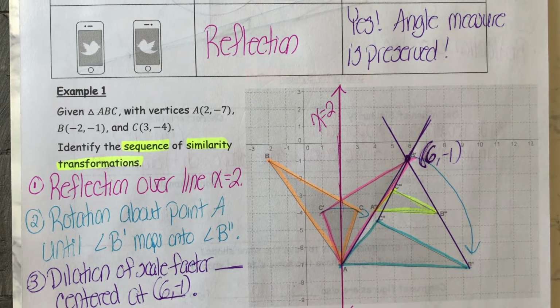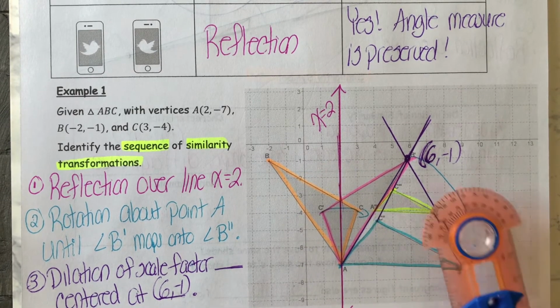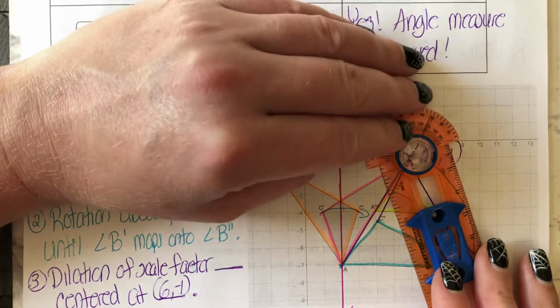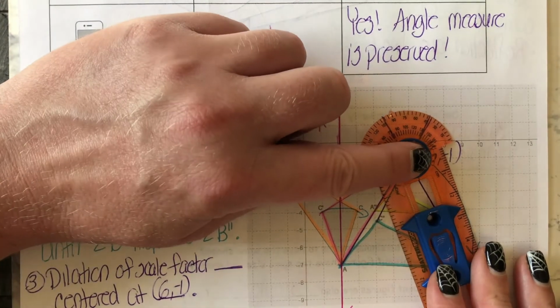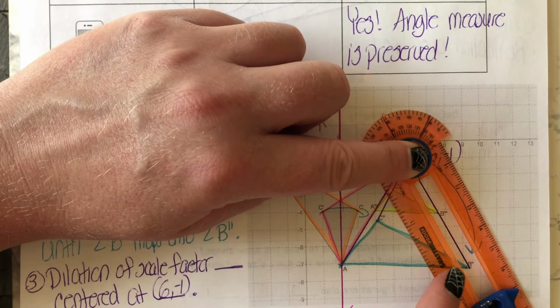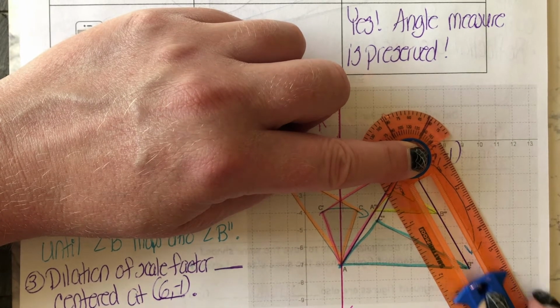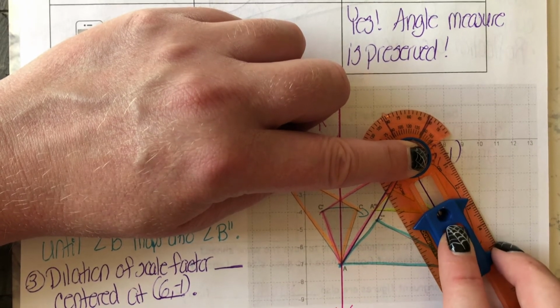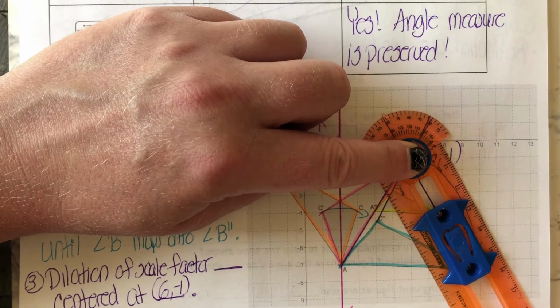So I'm going to use the same method I used on the first page. I'm going to put my pointer, that clear section, the bullseye, whatever you call it, on the center of dilation. I want to line it up nicely as best I can, and then I'm going to hold it in place. I'm going to move my slider down, so when I look through one of those holes, I can see B triple prime up top, the little guy. I'm using the inside hole right now, and here's my center of dilation.